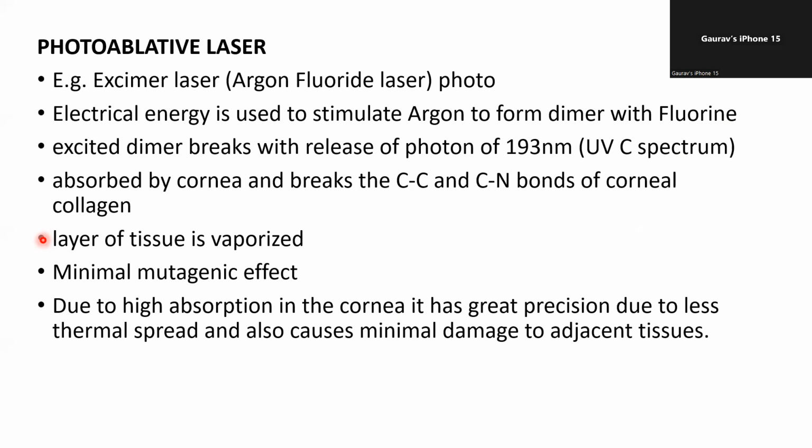This 193 nanometer ray gets absorbed by the cornea, and it breaks the carbon-carbon and carbon-nitrogen bonds of the corneal collagen, and hence a layer of tissue gets vaporized. Due to the high absorption in the cornea, there is a great degree of precision in the excimer laser due to less thermal spread, and it also causes minimal damage to adjacent tissues.